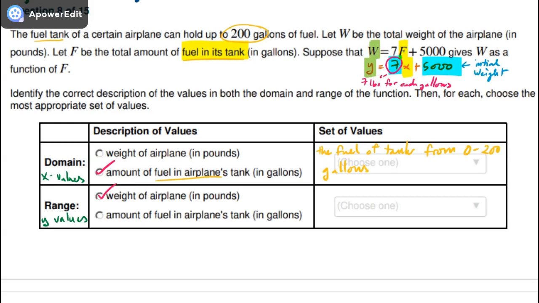When you click on the drop down list, you will see something about the fuel, 0 to 200 gallons. That happened because of the beginning information that they gave you.